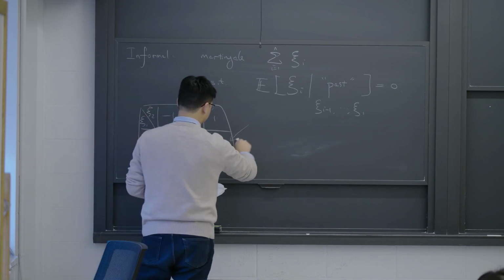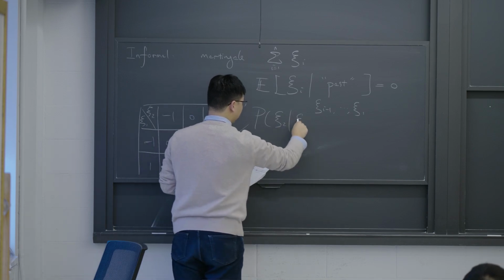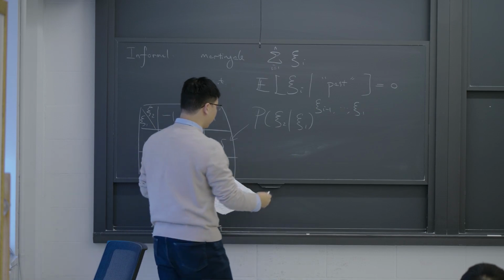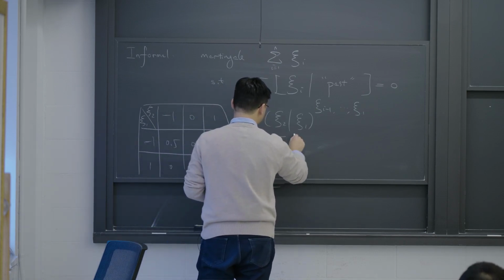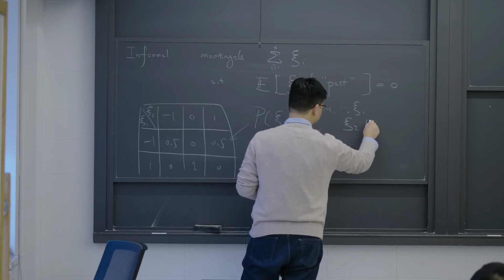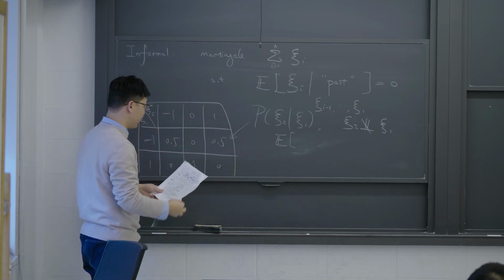This is the conditional probability of Xi2 conditional on Xi1. We already verified that Xi2 is definitely not independent of Xi1 because the table does not factorize.